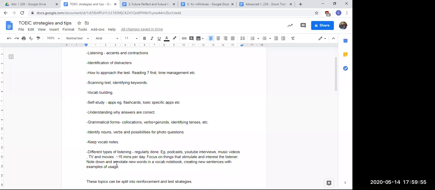When you watch TV and movies with subtitles, try to use English subtitles. I know on Netflix sometimes they don't match. They're a little bit different sometimes. But try to avoid any translation in your listening.